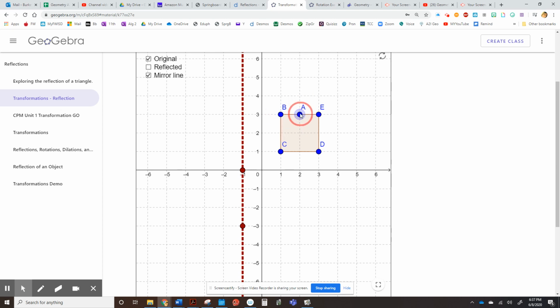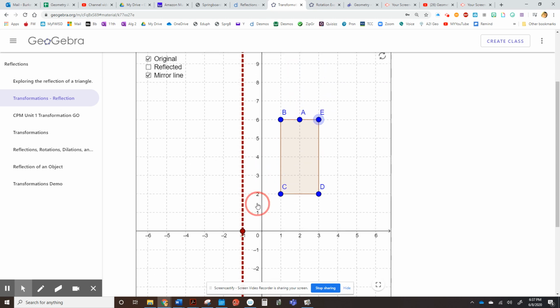So if you want to see what it would look like to do a rectangle the same size that was on the other one, you could just move these things until your rectangle matched. And I don't think this one's the same size. So you could pull it down and make it be the same size.